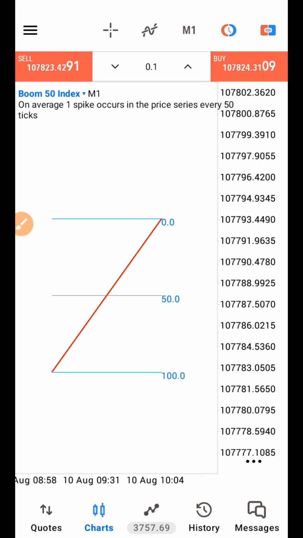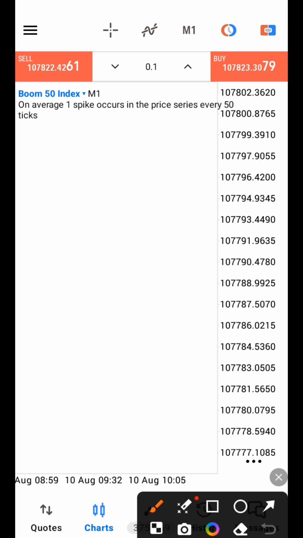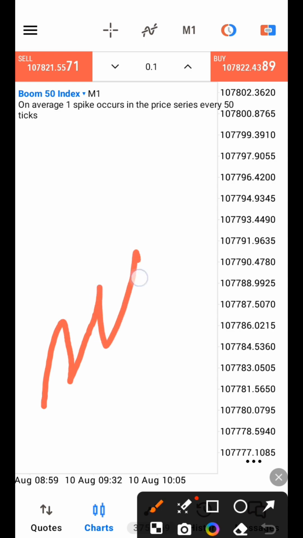Now, with what we have explained about liquidity and structure, let's go back to the market. Before that, let me illustrate the strategy for you. Let's assume the market is in an uptrend like this, and I want to buy.